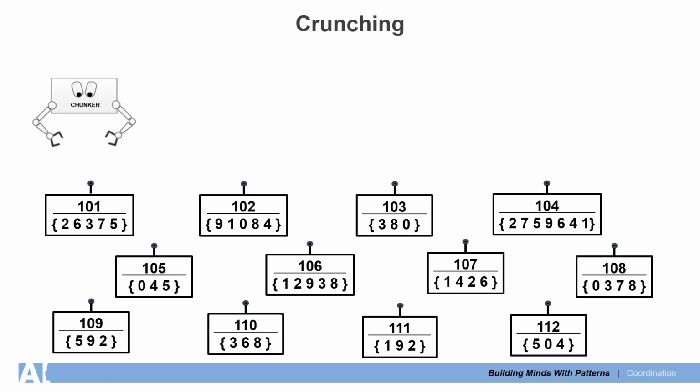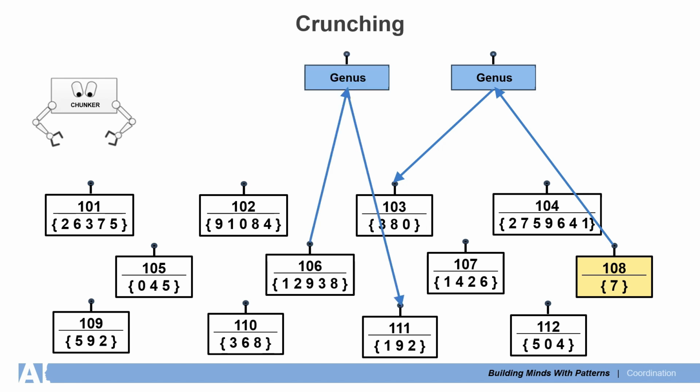Crunching. We create genus relationships where we have a subset 103 and a superset 108. We can eliminate the redundant items from the superset. 106 and 111. 111 is the subset and 106 is the superset.